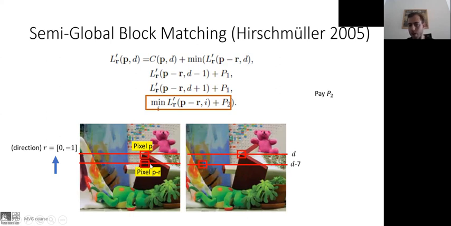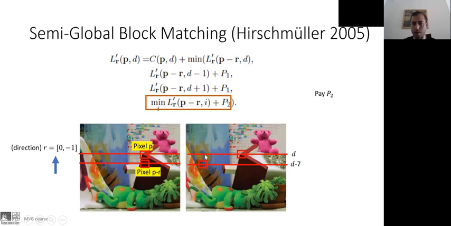For my neighbor, I already know its cost that considers neighboring. So I know how to fill my value considering neighboring by taking the minimal value over these 4 options. And I know how much I pay in each option. Okay? It's just a dynamic programming recursive formula.